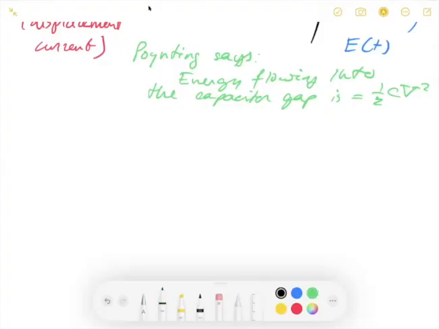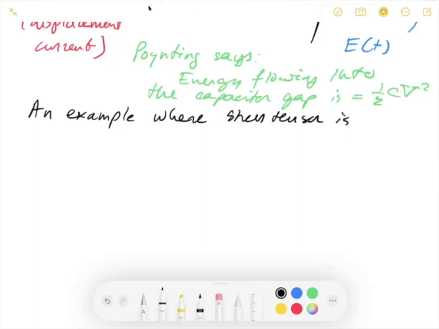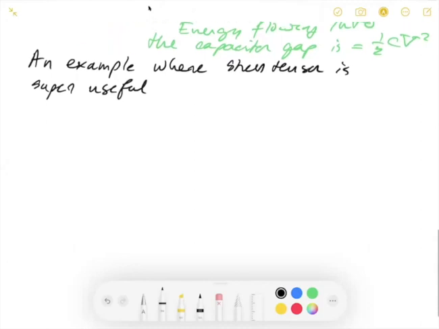An example where the stress tensor is super useful. All right, so let's go again to a capacitor, but it's a bit of a funny capacitor.